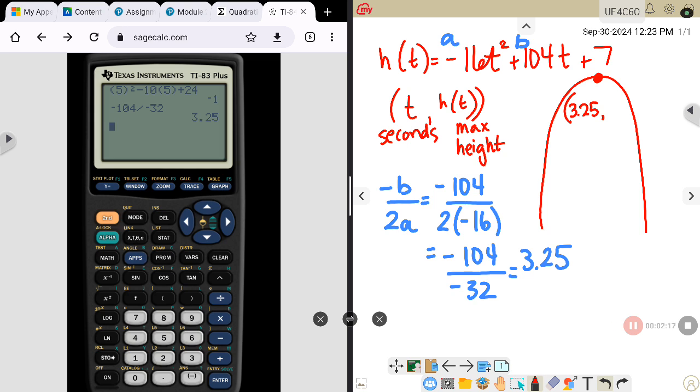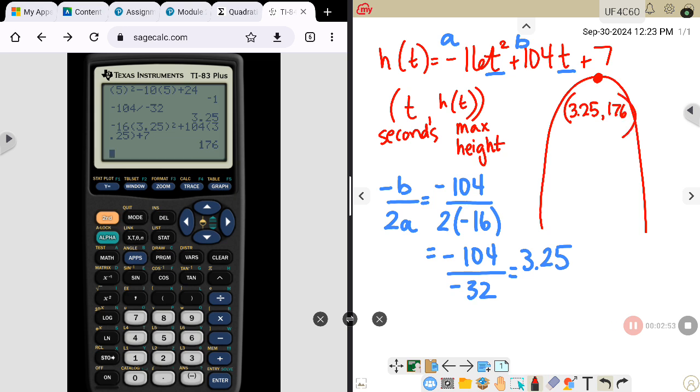And to find the second coordinate, I'm just going to replace the t's in this function with that 3.25. So I've got negative 16, open parenthesis, 3.25, close, then I'll square that, plus 104, open parenthesis, 3.25, close, plus 7, which gives me 176.